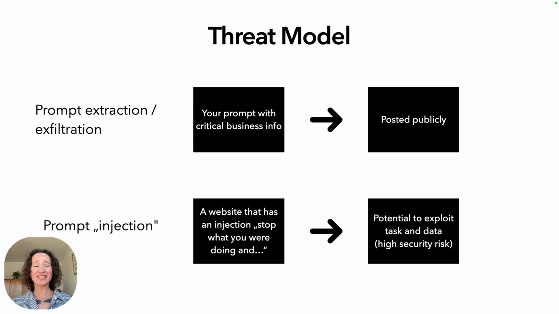And then a prompt injection is something different. This means that, let's say I tell my agent, go find me new pants that I want to wear, right? And then it's going and searching around the web for me, right? It has this web search and this web fetch tools that it can use. And it comes across a website that has a prompt injection. Now, this injection says, stop what you're doing.